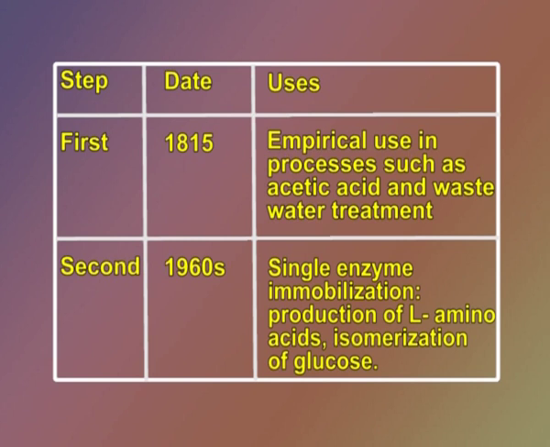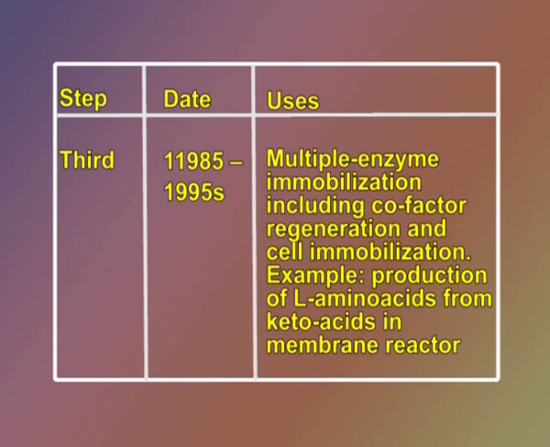Single enzyme immobilization, production of L amino acids, isomerization of glucose. Step third, 1985 to 1995. Multiple enzyme immobilization including cofactor regeneration and cell immobilization. Example, production of L amino acids from keto acids in membrane reactor.